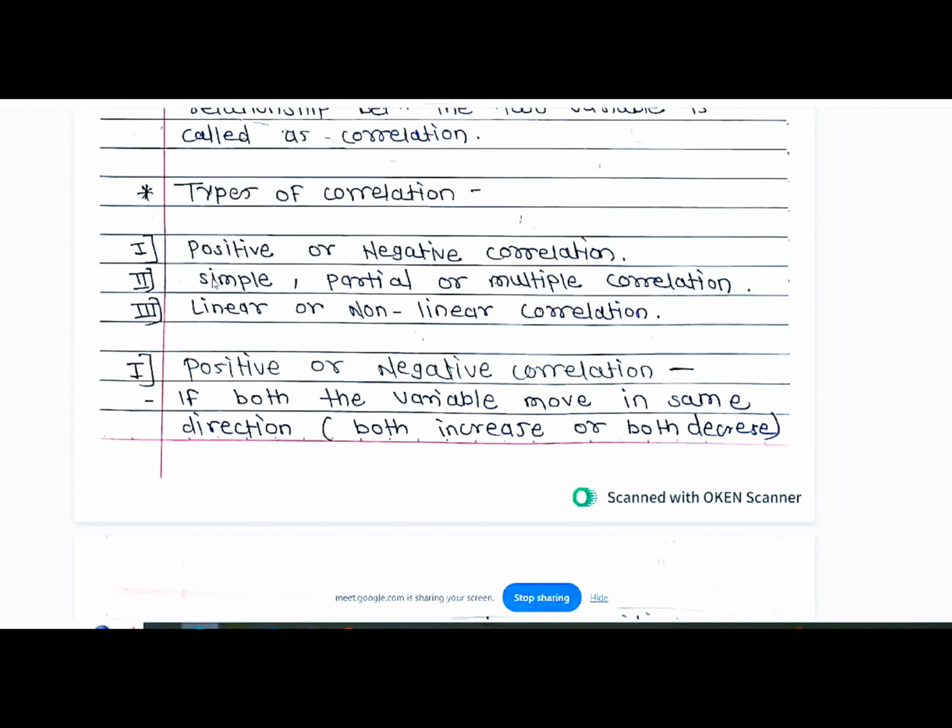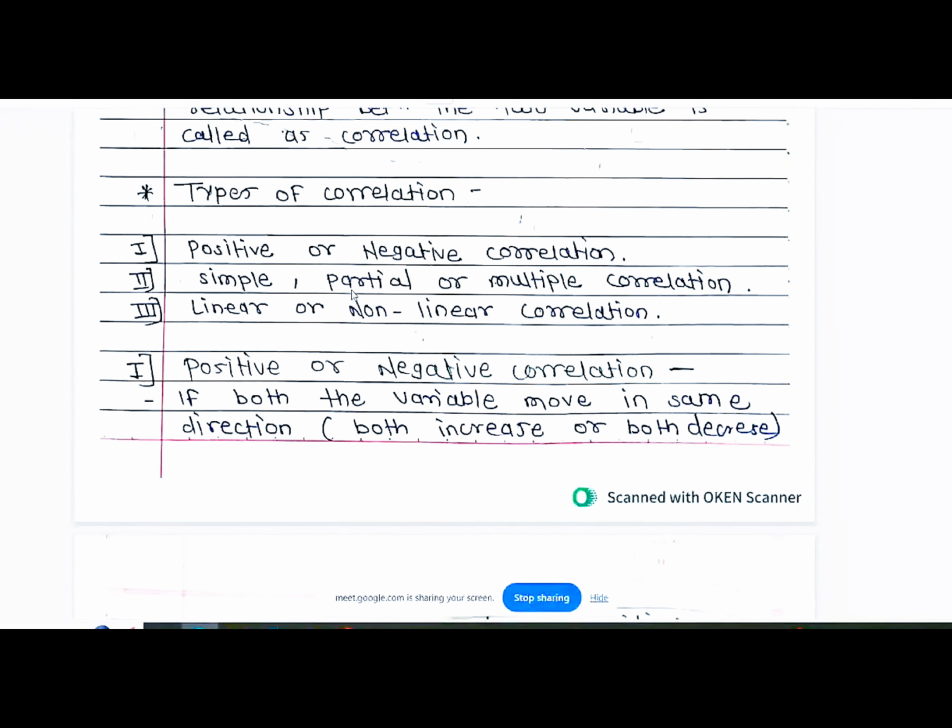Similarly, another type of correlation is simple, partial, and multiple correlation. In case of simple correlation, you only study the relationship present between two variables, x and y, or a and b. So if you are studying the relationship between two variables only, it is called a simple correlation.